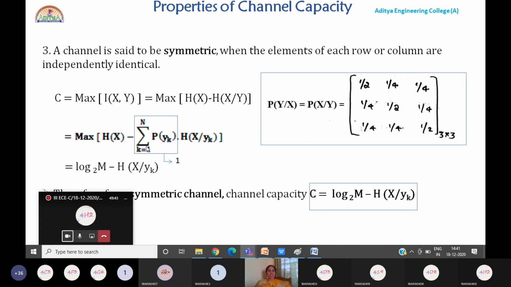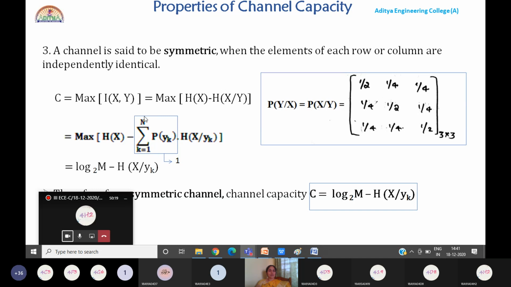It is summation k is equal to 1 to n of p of yk into H of x by yk, where H of x by yk is the average conditional entropy knowing receiver yk. So I can write H of x by y as summation k is equal to 1 to n of p of yk into H of x by yk. Now what is summation k is equal to 1 to n of p of yk?